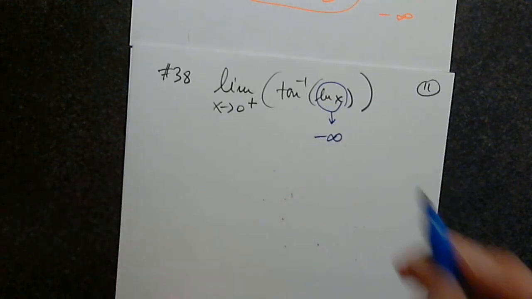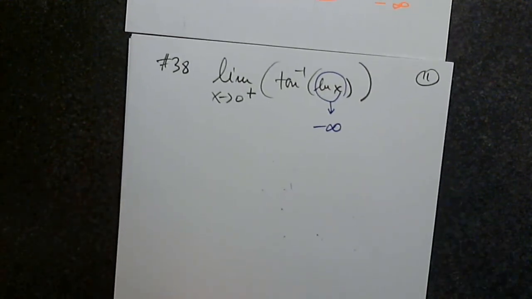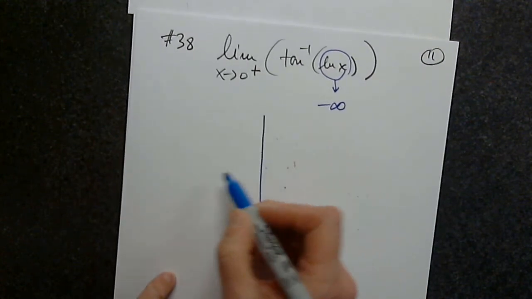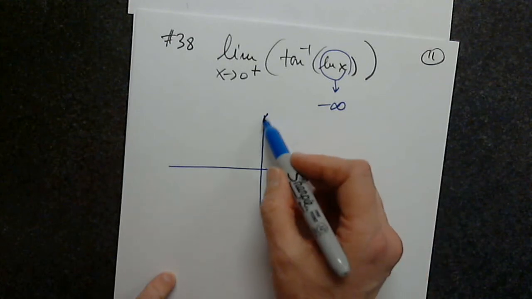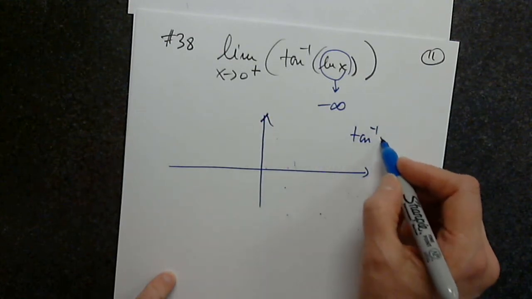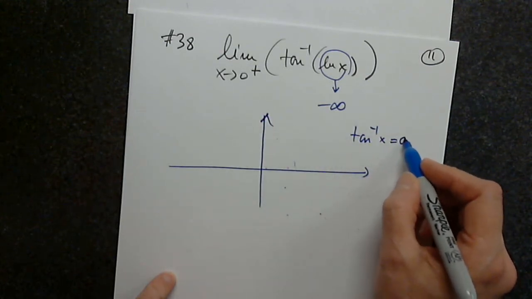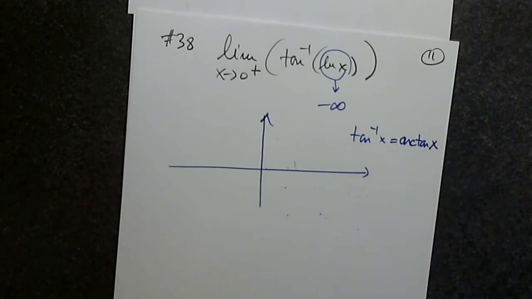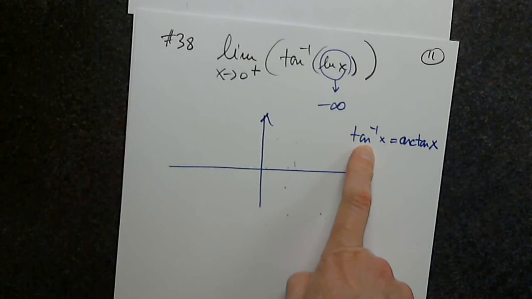Excellent. So now let me refresh your memory on tangent inverse. Tangent inverse x or arc tangent x is the same thing. No, this is not 1 over tangent. This is just the inverse function of tangent.